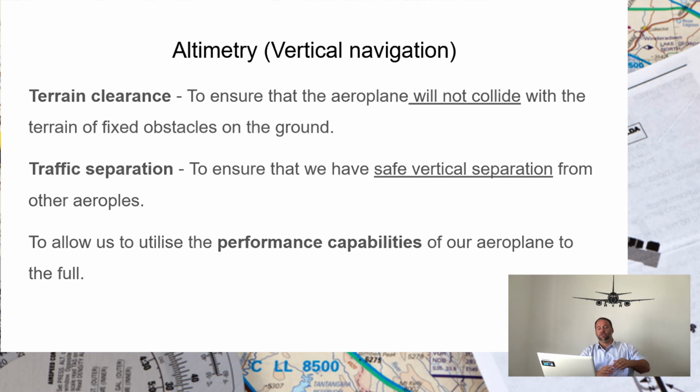So we have traffic separation and terrain clearance. You can even use that on the radio communication all the time. Traffic separation even more, to allow us to utilize the performance and capabilities of our airplane to the full.